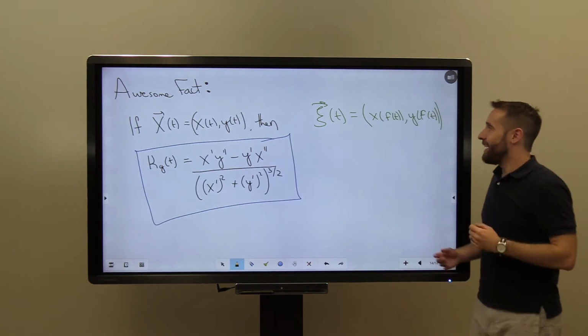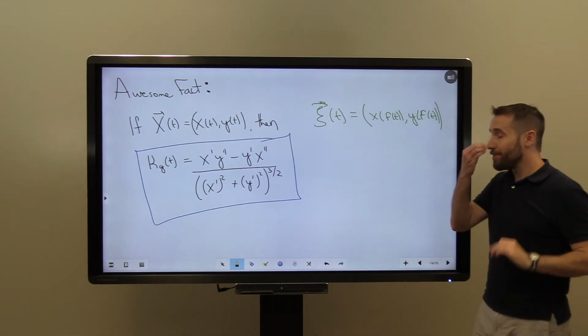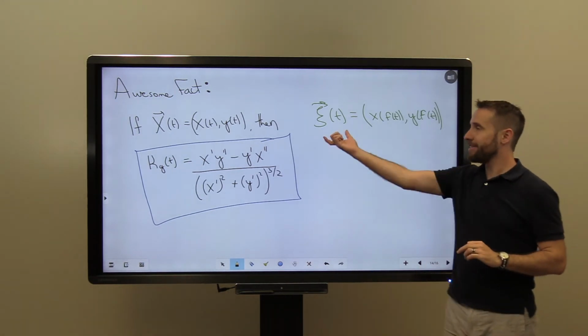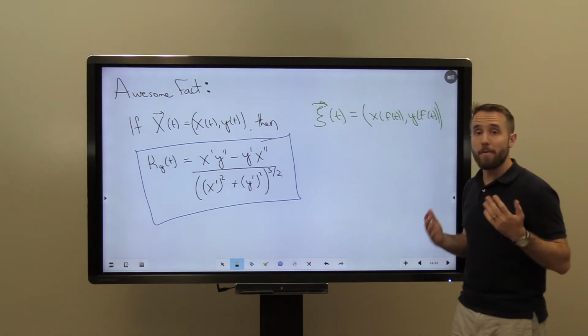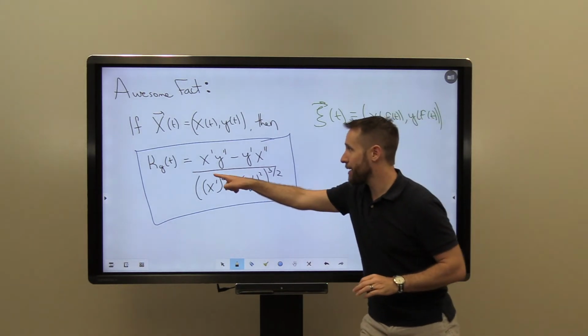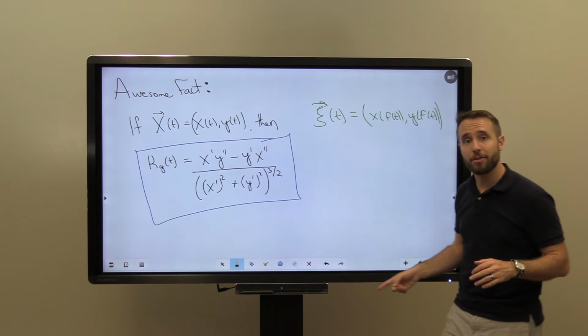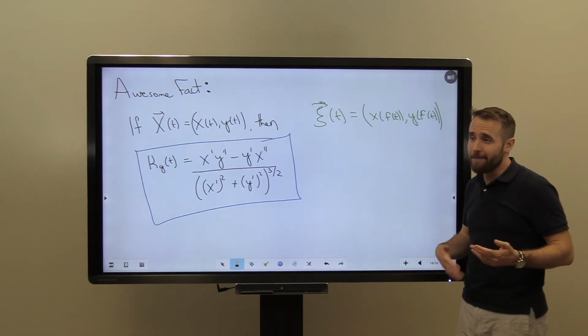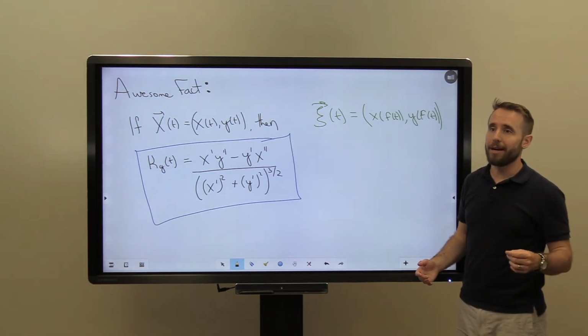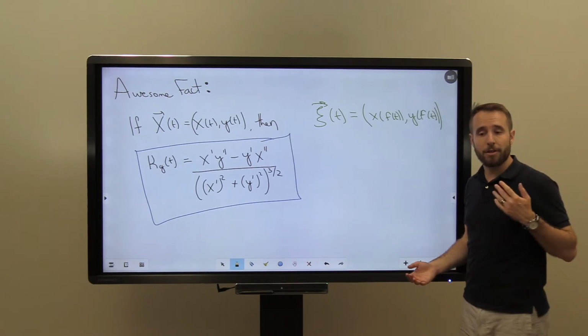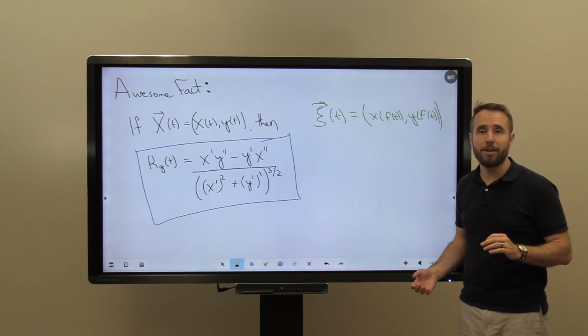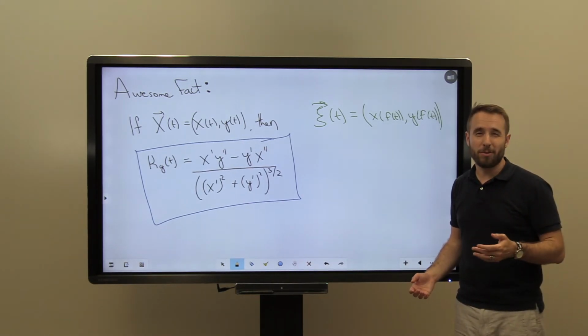We could see what would happen if we computed the curvature function for xc. And in particular, when we took a lot of these derivatives, the x prime, the y double prime, et cetera, these extra f primes and f double primes might find their way out of the equation as a result of chain rules.